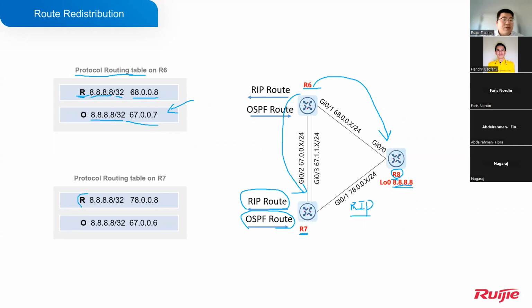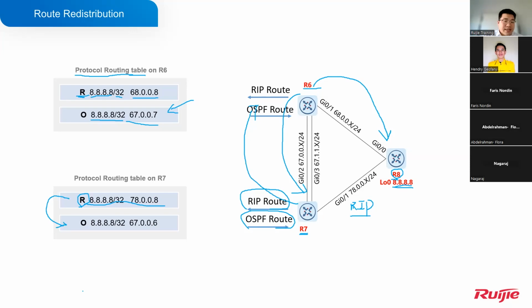And in the RIP protocol table, you can see the route to 8.8.8.8. If we import it into OSPF, then in the OSPF routing table there will be a route to the loopback interface on R8, and it will be sent to R6 through OSPF.